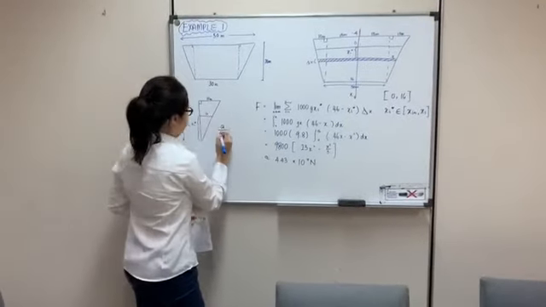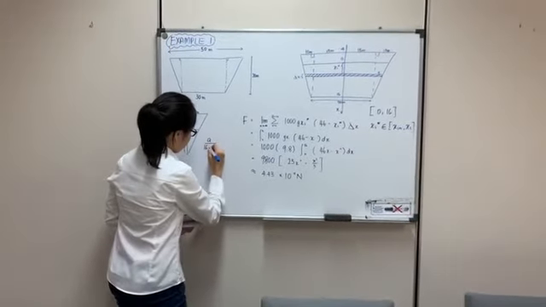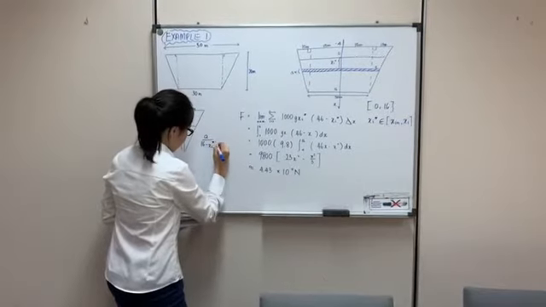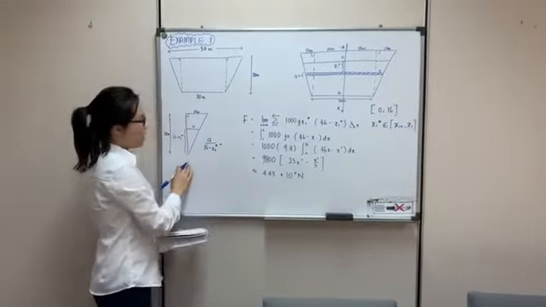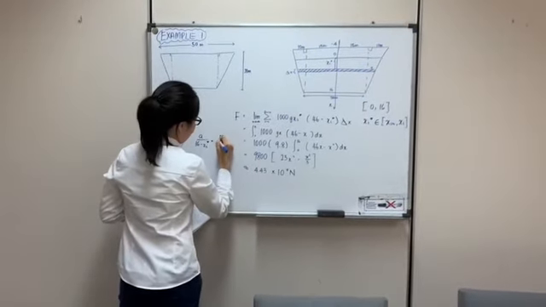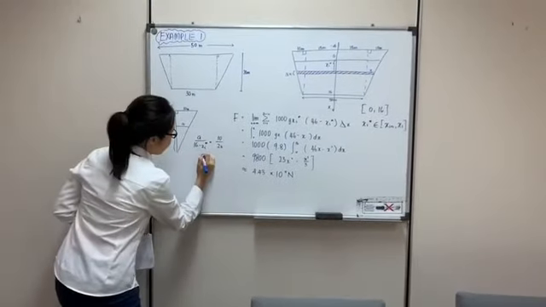Here a is 16 minus, because we got the 4 and they are equal 10 and 20, so we'll get the a.